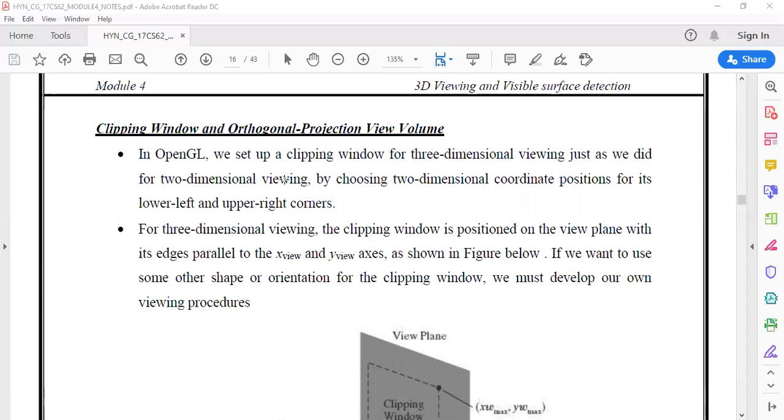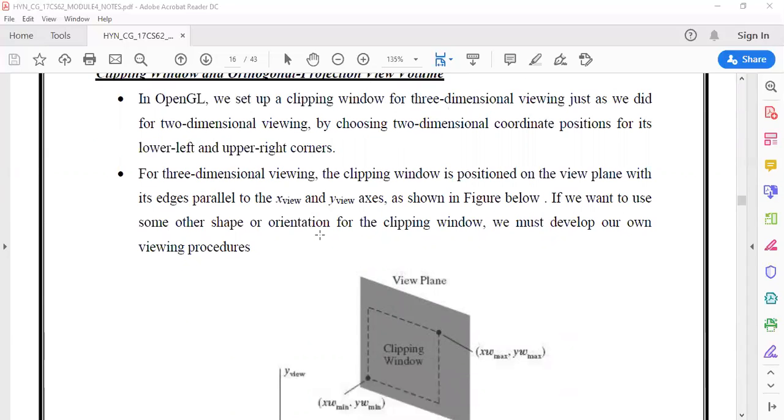In OpenGL, we set up a clipping window for 3D viewing, just as we did for 2D viewing. The coordinates of a clipping window are xw min, yw min, the leftmost corner, and xw max, yw max, the rightmost corner. For 3D viewing, the clipping window is positioned on the view plane.